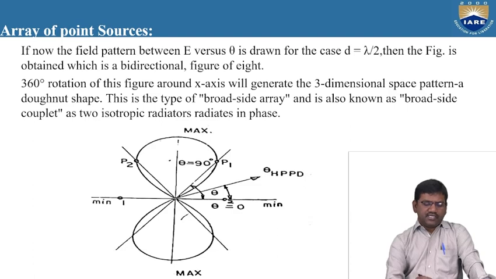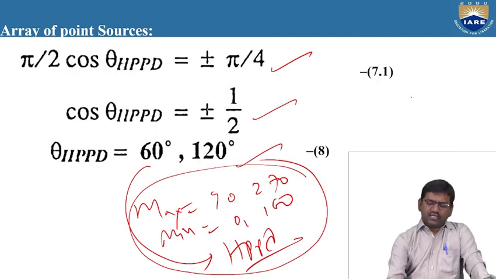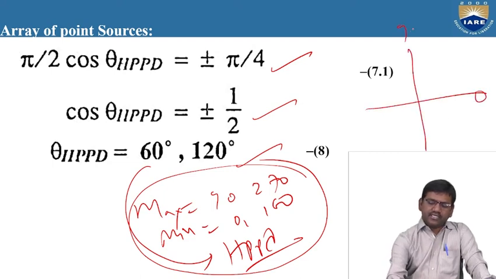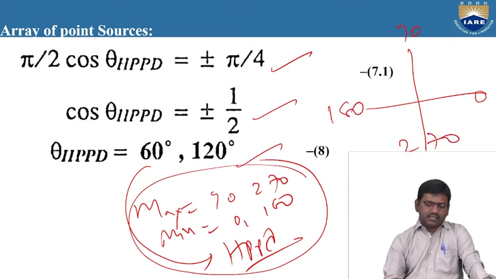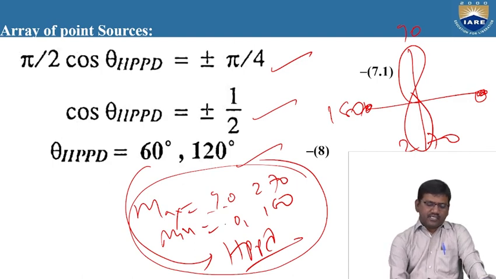So for this case, you can write here 90 and 270. We draw 0, this is 90, this is 180 and this is 270. So the maximum is at 90 and 270. The minimum is 0 and 180; these are the nulls. And the half power points are 60 and 120.